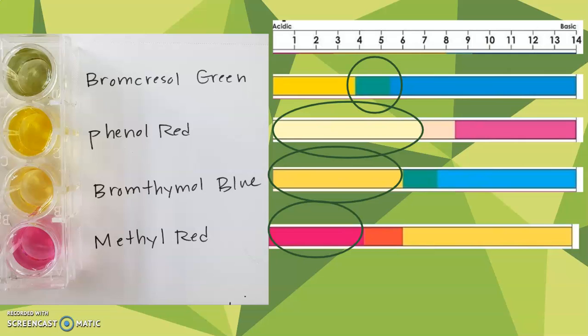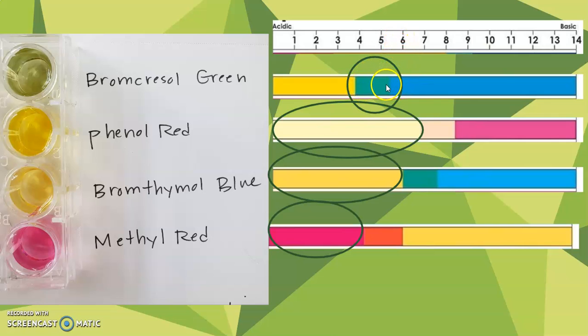So what we want to do is take a look at each indicator, find that indicator on the chart, and take a look at what the color shows us. The bromocresol green here is definitely green, and if we look at the indicator chart here, that shows me that my bromocresol green is showing me a solution that has a pH between a 4 and, if we talk about rounding up, like a 6.